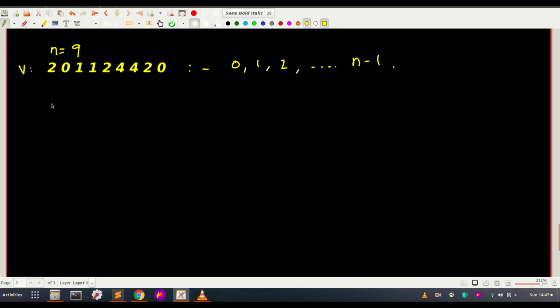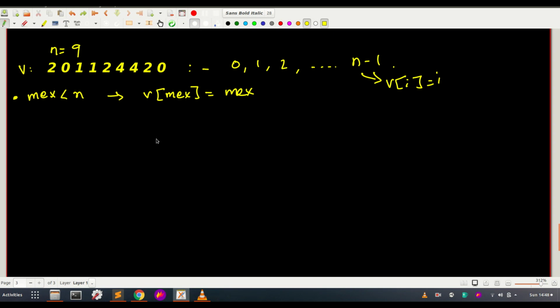So whenever we find MEX to be less than n, I'm just going to replace V of MEX with MEX. The reason is this particular array is of the form V of i equals i. So whenever I find MEX to be less than n, I'm just going to place MEX in that particular position.